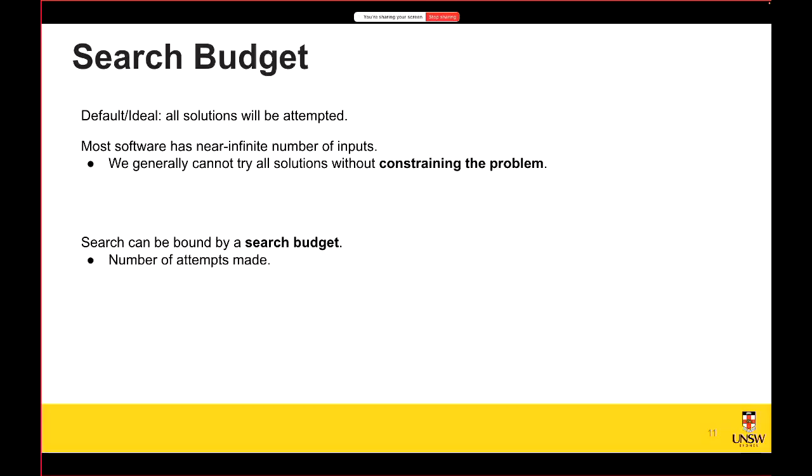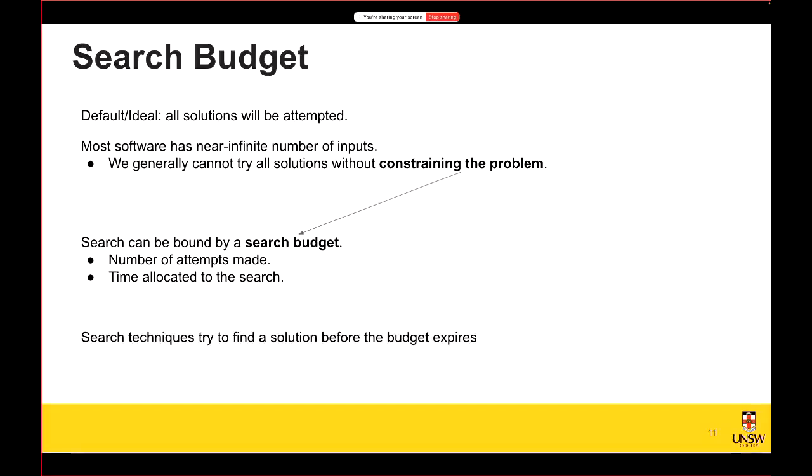This budget could be in the form of limiting the number of attempts we try. We can also limit according to the time allocated to do the search. Because we are constraining the problem with a budget, we try to find a solution before the budget expires.